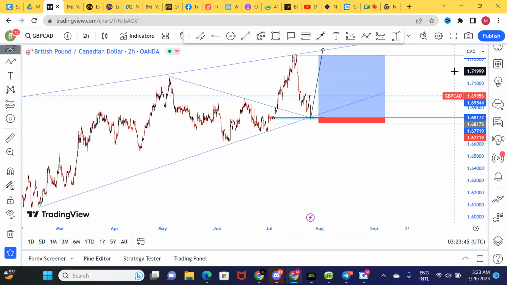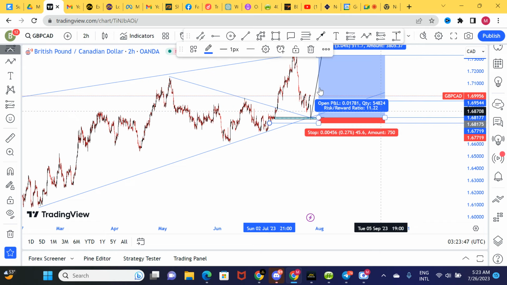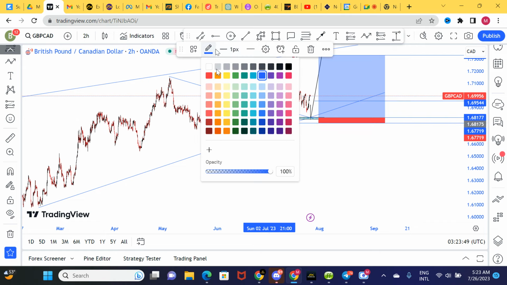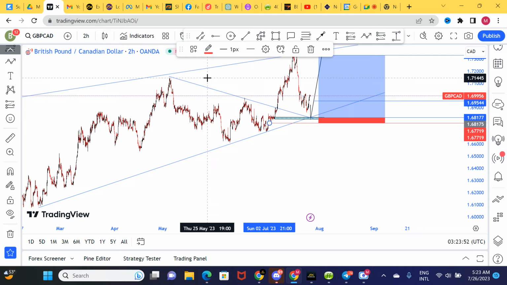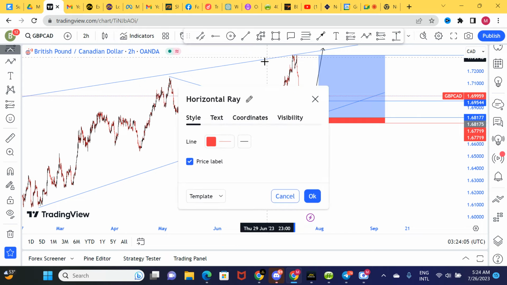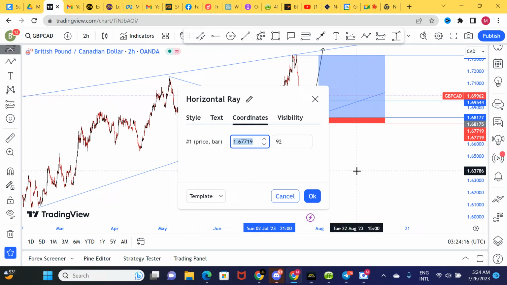Our stop loss is going to be, let me use a different color here, red. This is our stop loss, 1.67719. That is our stop loss, right?